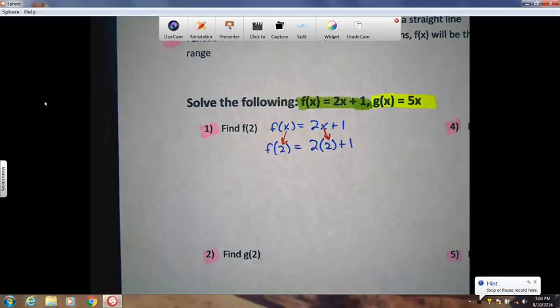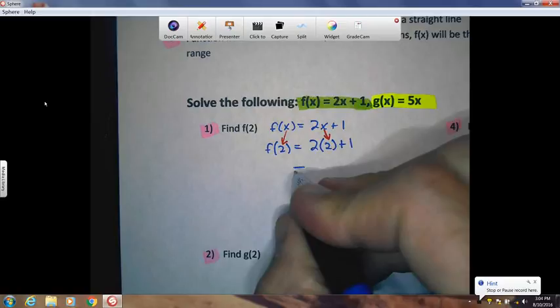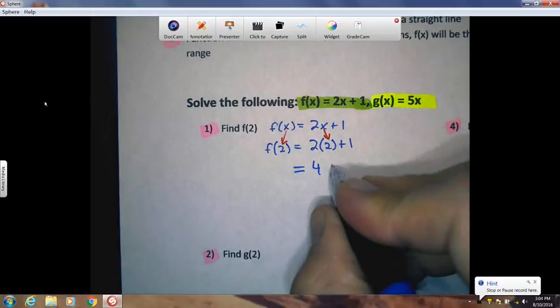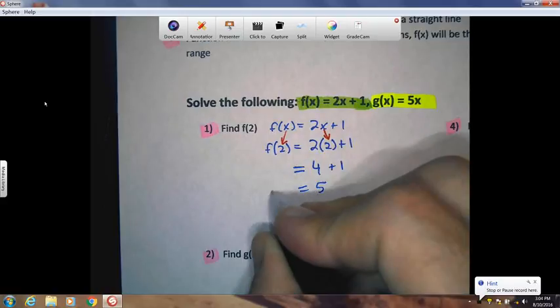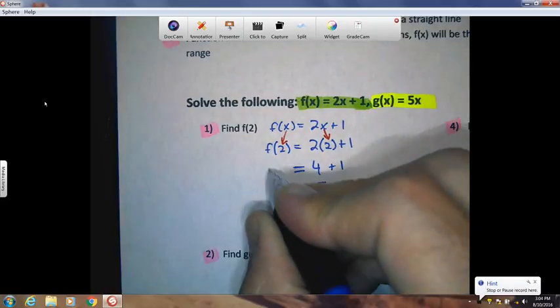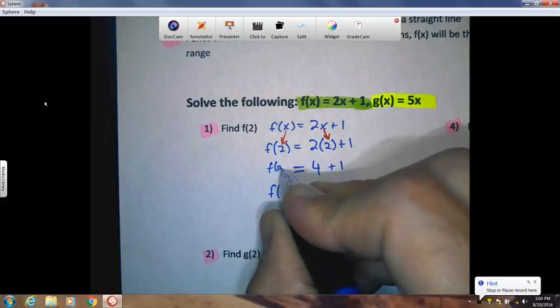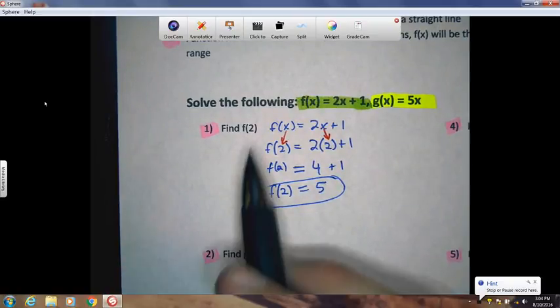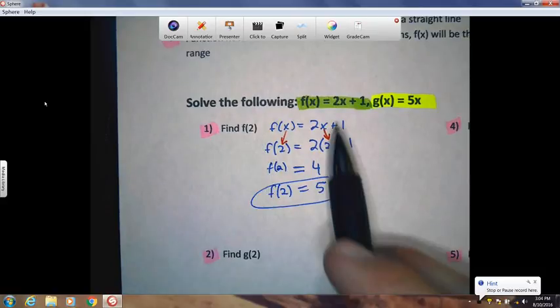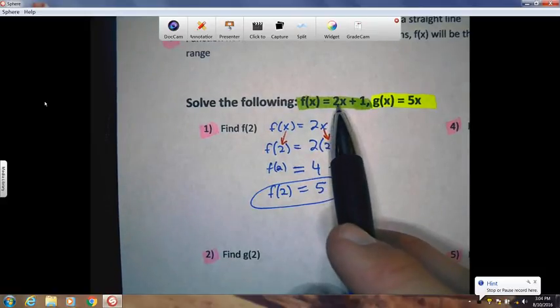That's all you're trying to do. Now I solve. 2 times 2 is 4. 4 plus 1 is 5. So f of 2 is equal to 5. So if I take 2 as my input, put it into this function, my output is 5.